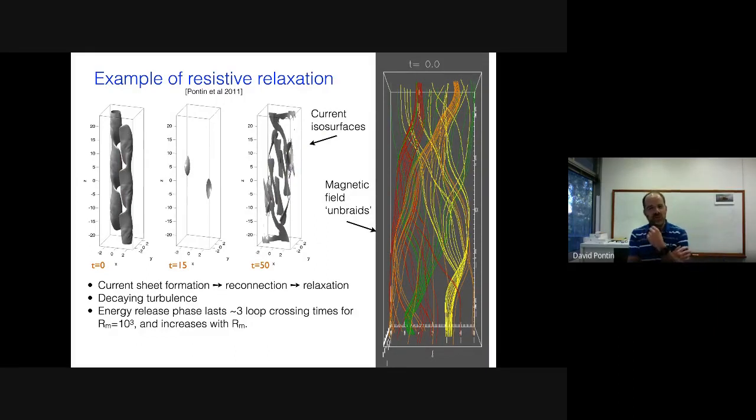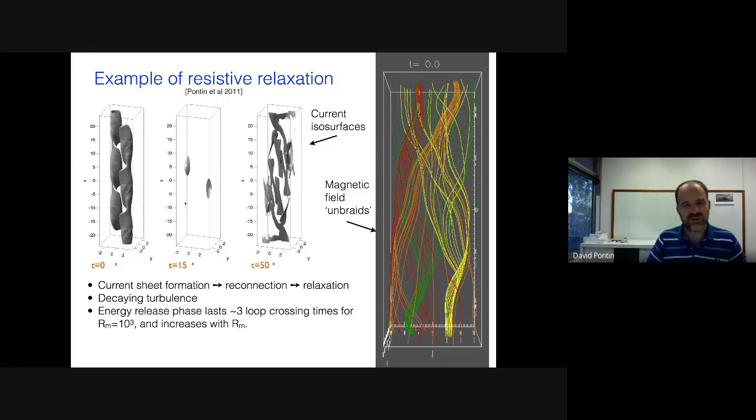So an alternative approach is to, instead of driving and relaxing the field both at the same time, take the field to a braided state and then allow it to relax, to undergo a resistive relaxation while the boundaries are held fixed. So that's what is done in these simulations here. There are 3 images of the current density at different times in the simulation that are shown.